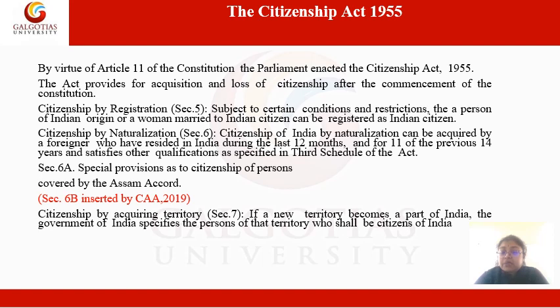So 6B has been inserted keeping their status in mind. It has been provided that for those covered under the special provision of the Assam Accord, the naturalization procedure would be a bit different from the process which the other foreign entrants follow. So that has been included in this slide.